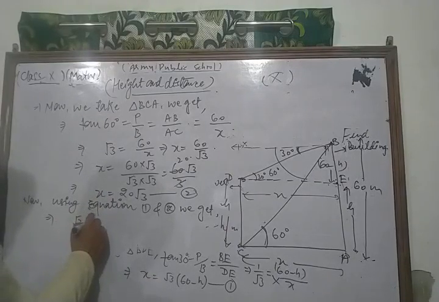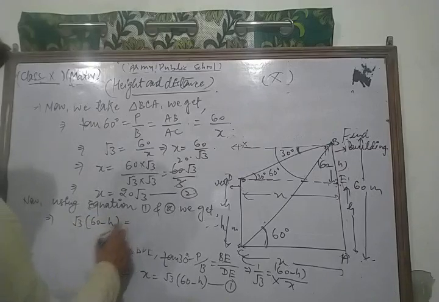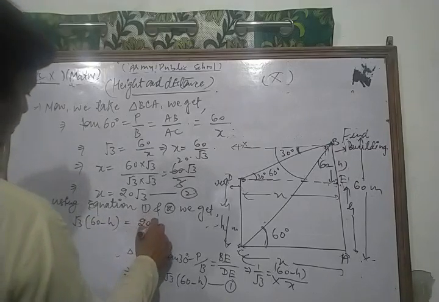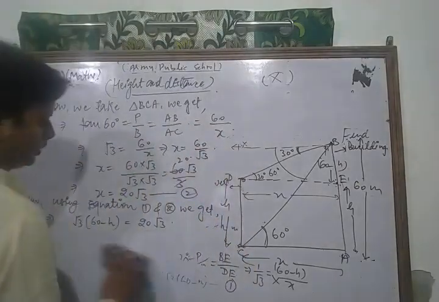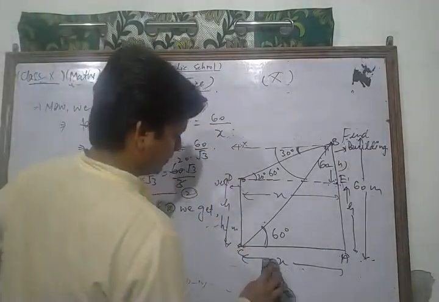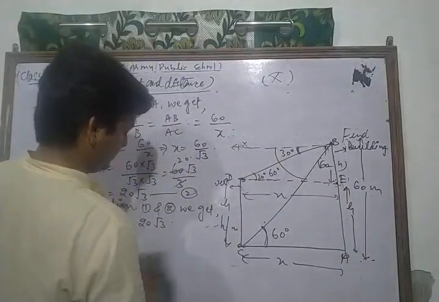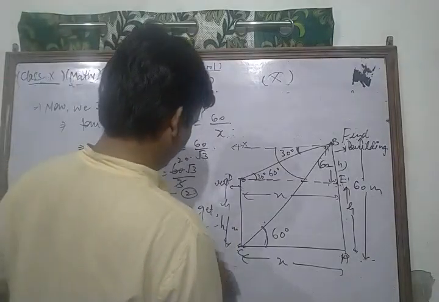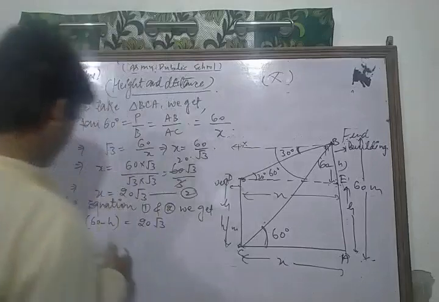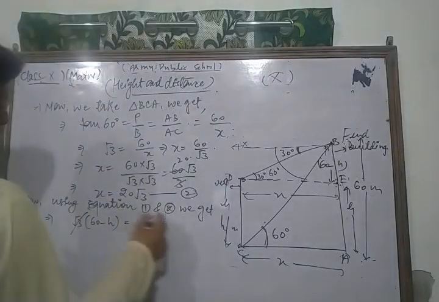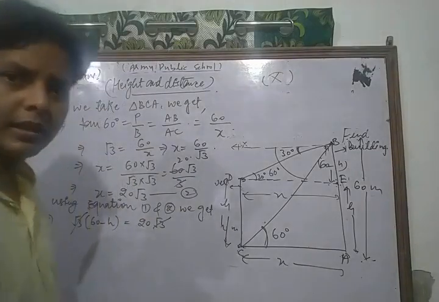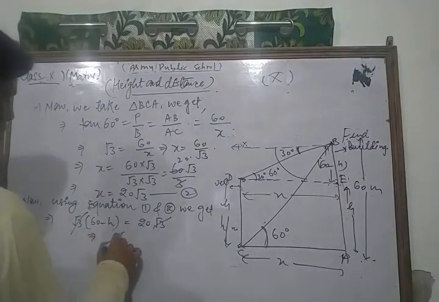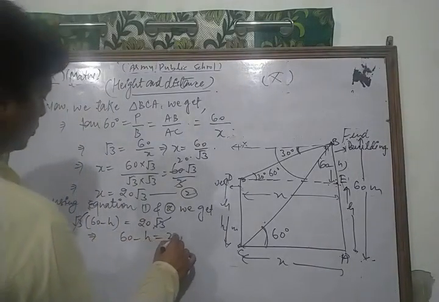So under root 3 into 60 minus h is equal to 20 under root 3. Now root 3 cancels with root 3. So we get 60 minus h is equal to 20.